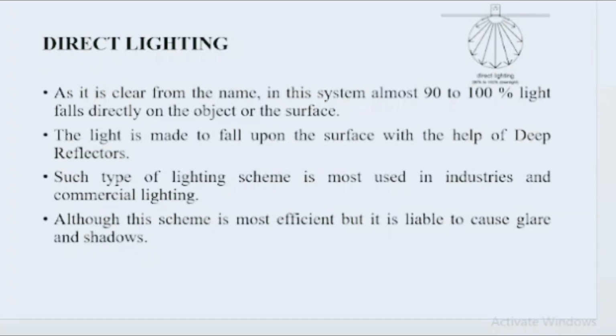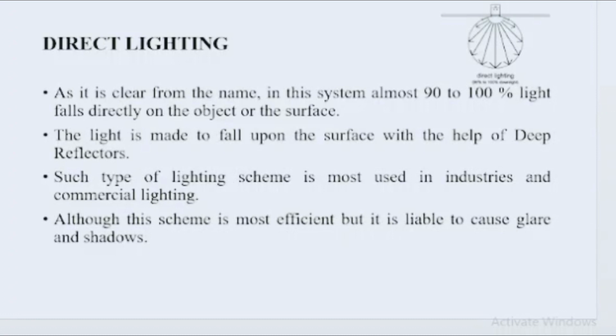And this is one drawback, glare. As we have discussed, 90 to 100% falling on the surface means complete light is falling, so heavy brightness will be there. That brightness may affect our eyes as well. Some people may also experience skin allergies because of heavy lighting. So these are drawbacks of direct lighting.